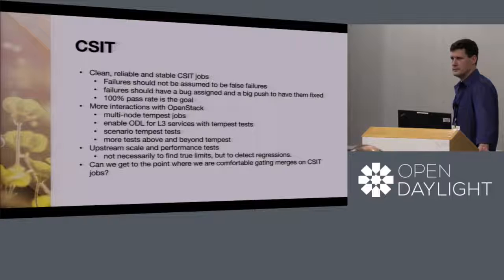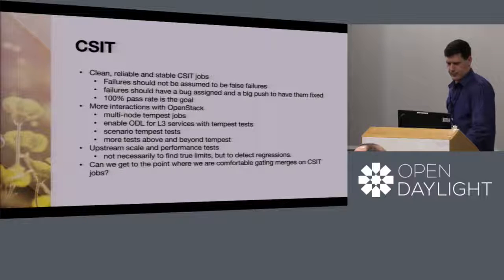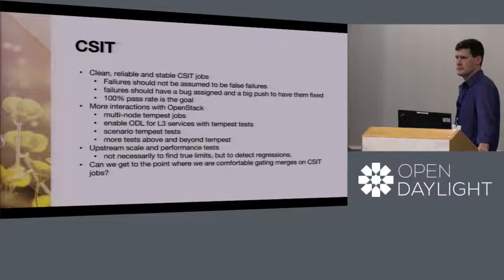But the goals of the scale, performance and stability side are not completely aligned with CSIT testing because the ones that are upstream are going to be focused on regression, whether or not things come back. But the goal is that you can pull those tests down, run them on real hardware, and get some real numbers from those tests, and then you can have a report on an ongoing basis of what's happening in the network and so on.